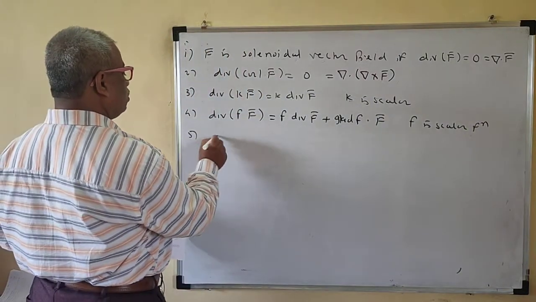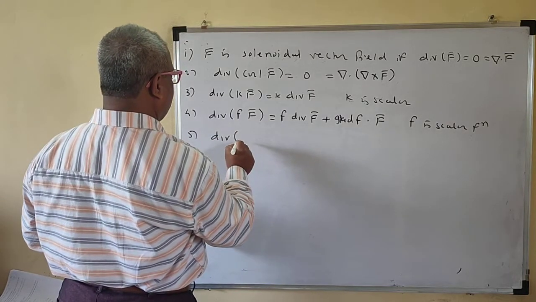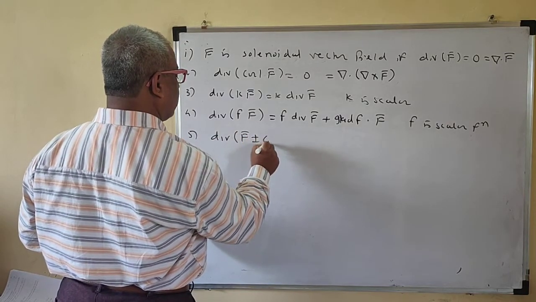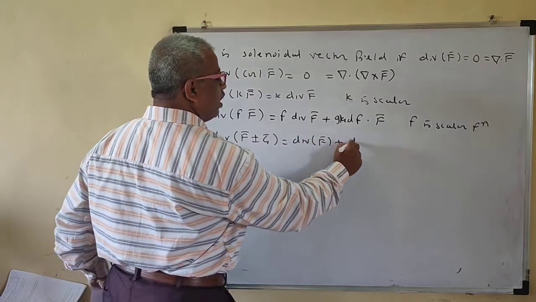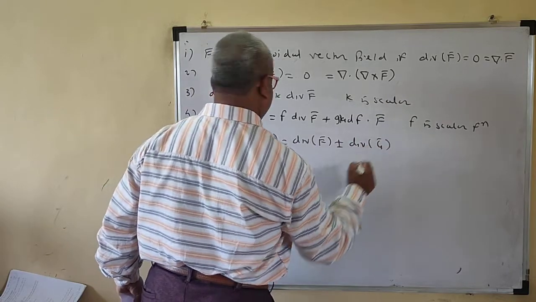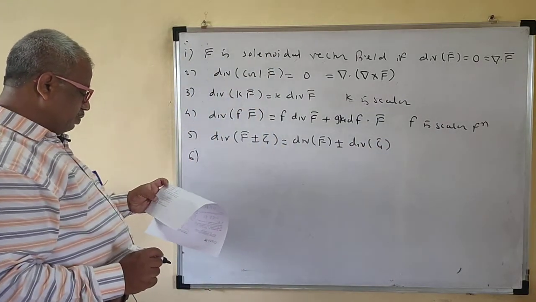Next, divergence of f bar plus or minus g bar is divergence of f bar plus or minus divergence of g bar. These are the properties, just remember this.